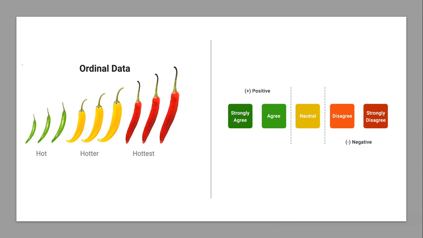Similarly, we may have a question with different answers based upon the Likert scale, from strongly agree, agree, neutral, disagree, to strongly disagree. This range of options is available to the respondents, so this is again a type of ordinal or categorical data.